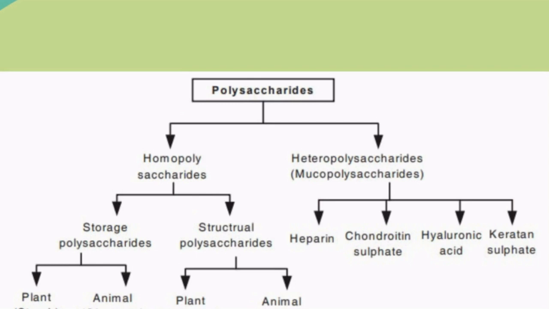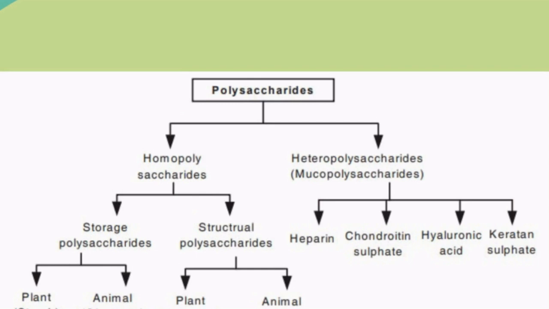Now we can see the classification of homopolysaccharide. They are classified into storage polysaccharides and structural polysaccharides. Storage polysaccharides or reserve polysaccharides are present in both plant and animal origin. The example for storage polysaccharide in plants is starch.